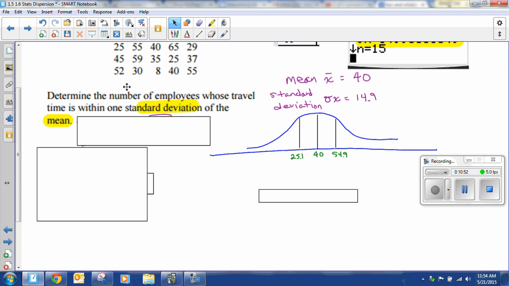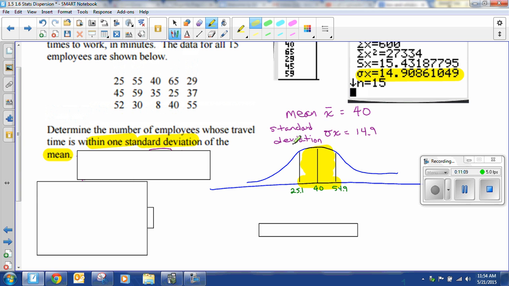So the question is, determine the number of employees whose travel time is within one standard deviation of the mean. That means plus one standard deviation and minus one standard deviation. So we're looking for the travel times that exist between 25.1 and 54.9.